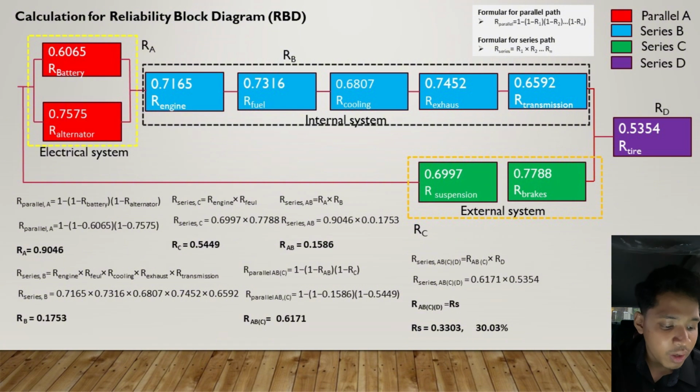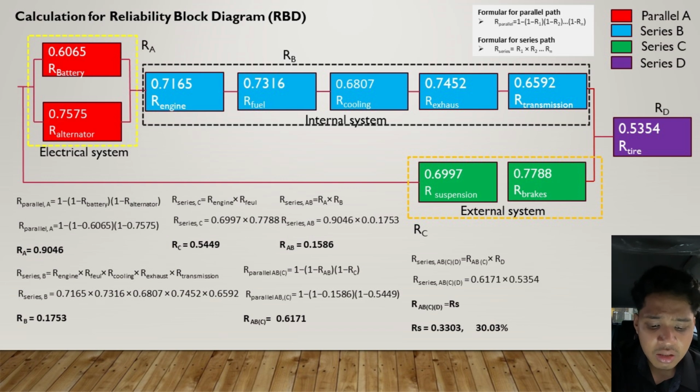So firstly, what is the formula for the parallel path? You can see below on the slides the formula for parallel and series paths. For the calculation part, we have to calculate the parallel path, which is the red blocks. We represent it as RA.